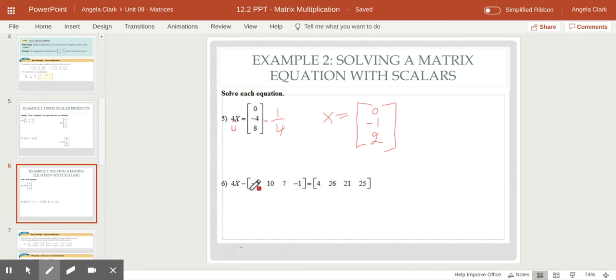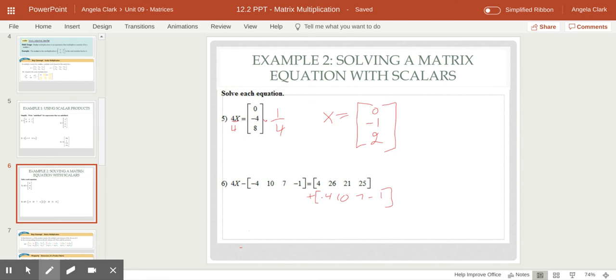Now here we have both steps from what we did back in 12.1 and then what we're doing here in 12.2. So we need to add this matrix to the other side, because it's being subtracted, and then divide by 4. So adding the matrix, we're going to add negative 4, 10, 7, negative 1.